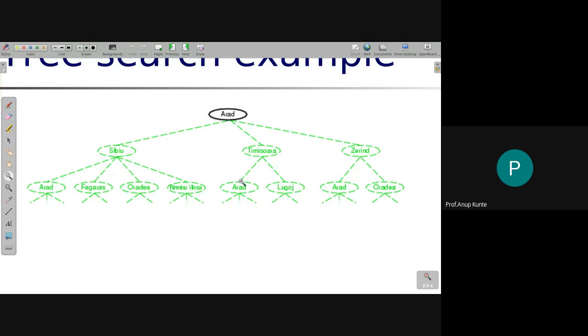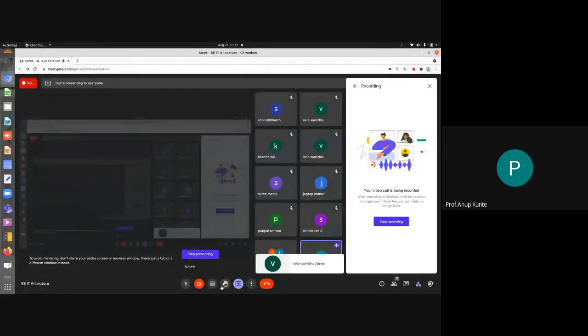If you remember the graph, Arad was the city where you resided, and there were three paths out of Arad: one to take you to S, another to T, and the last one to Z. So your algorithm will work in this fashion. It will start at Arad and you will apply one of the three actions. So the expansion will be a three-way expansion.